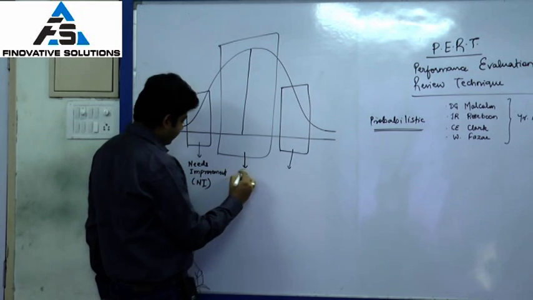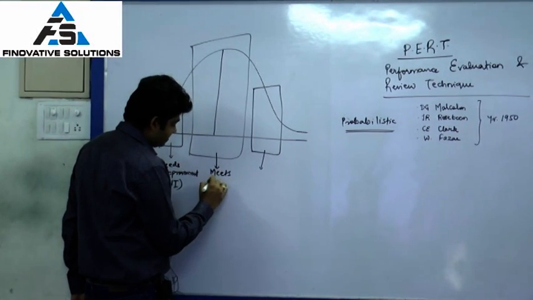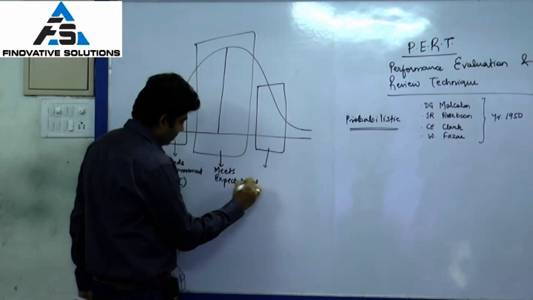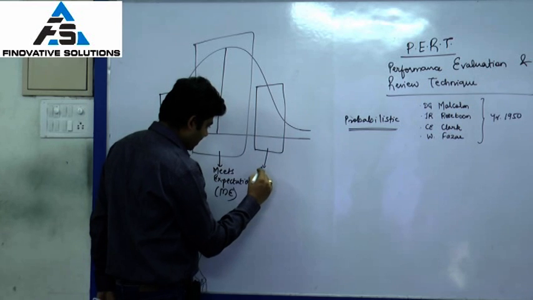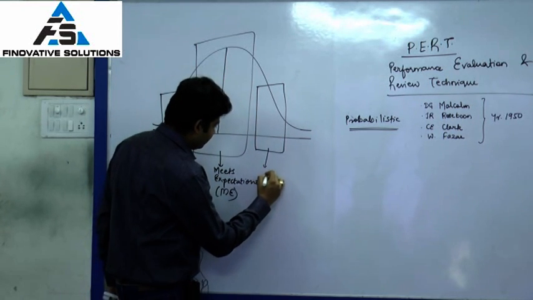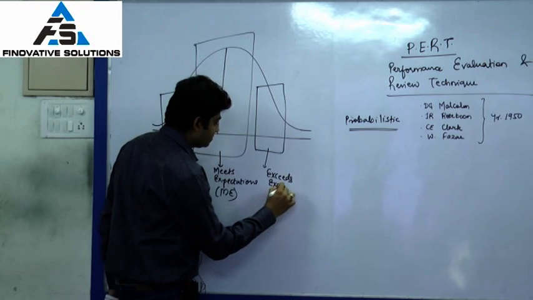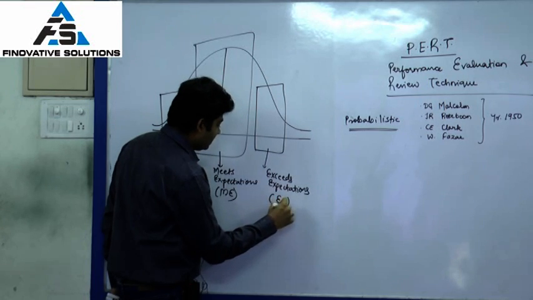The other employee gets something called meets expectations, called ME. Whereas there is a third employee who gets the third rating, which is called exceeds expectations, called EE.